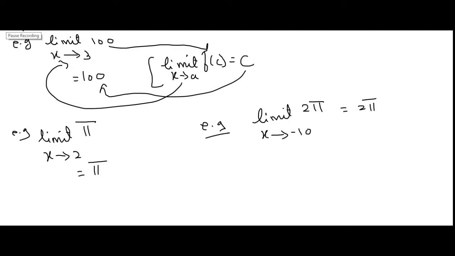Now we consider another formula, which is number 2, constant times function. Constant times function means any constant which is multiplied by the function.